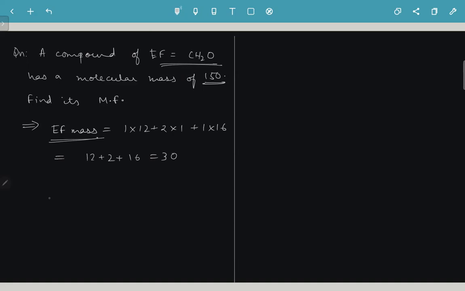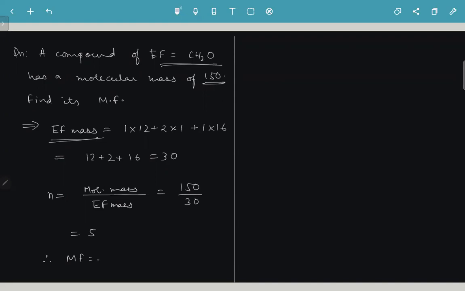Now we'll find out the value of n, the whole number multiple. How do you find n? n is molecular mass upon empirical formula mass. Molecular mass is given as 150, empirical formula mass is 30, so n is equal to 5. Therefore, now we can write the molecular formula.